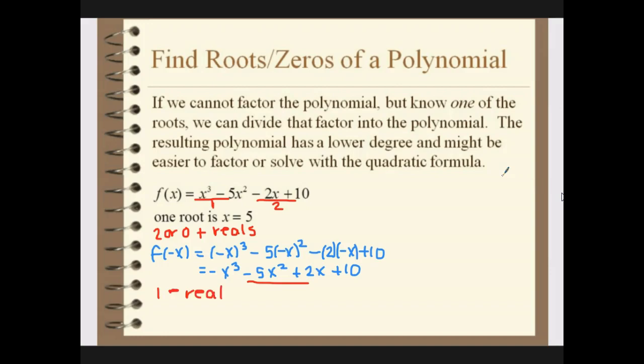So I'm going to have 3 real, or I'm going to have 1 real and 2 complex. But since the one root I'm given is positive, then that tells me that I can't have 0 positive because they have to have 2. So whenever you get your numbers, they have to decrease by 2 or increase by 2. So if this was 3 negatives, then the options would be 3 or 1. That was 2 or 0, but because I was given 1 positive, I know I have to have 2.